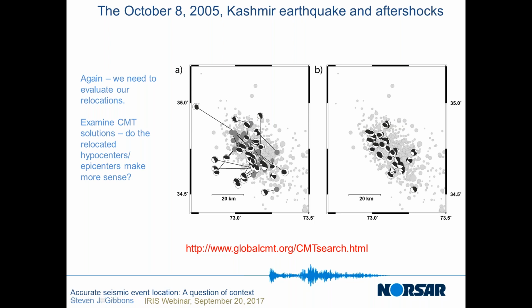And these are entirely independent solutions, just put in place afterwards. You see a couple of events that look like they have strike slip properties. They end up in one place. Whether it's real or not, I don't know, but it gives us confidence, I think.